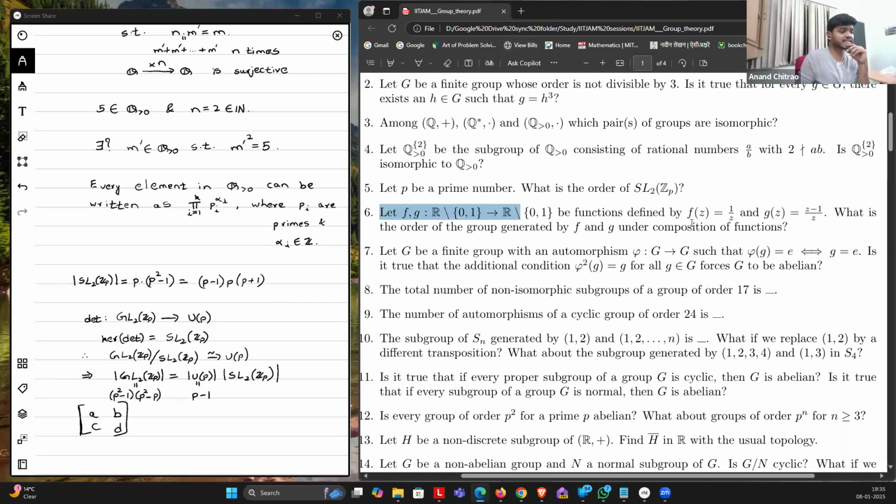Now, what about question 6? Let f and g be functions from R minus {0, 1} to itself, defined by f(z) equals 1 by z and g(z) equals (z minus 1) by z. What is the order of the group generated by f and g under composition of functions?